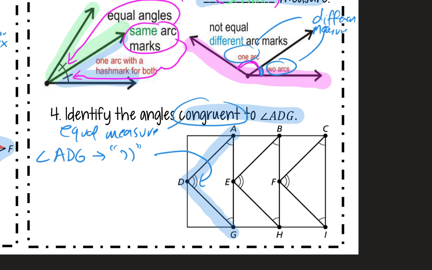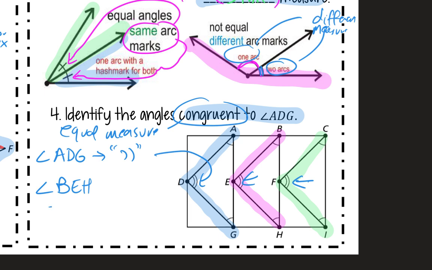So let's name that one. Let's kind of draw it out. That's from P, E, and H. So we would say angle PEH. And then another one: we see this one right here has two, that has two, that has two.